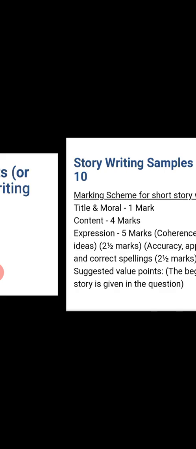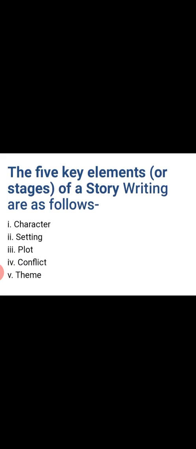Accuracy, that means the grammatical part, appropriate words, adjectives to describe the characters, correct spellings, that will again give you 2.5 marks. Okay, suggested value points: the beginning of the story is given in the question. So this is one thing that you will get in your question paper. The beginning will be given to you, and then the rest of the story has to be developed by you, keeping in mind all these 5 elements.